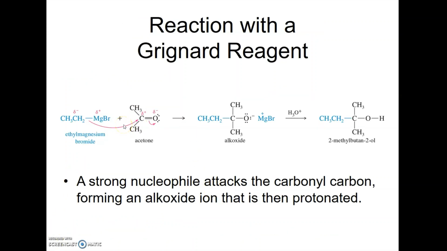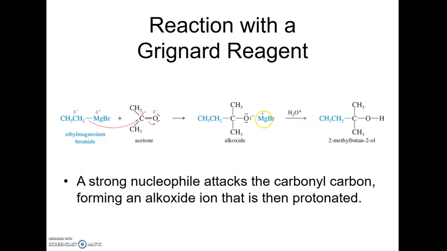Here we are looking at a nucleophilic addition reaction in which the nucleophile is a Grignard reagent. As you can tell, since this R group has a lone pair with a charge, it is going to attack this carbon, which is partially positive, then the pair between carbon and oxygen is going to shift, and you're going to get this alkoxide ion.